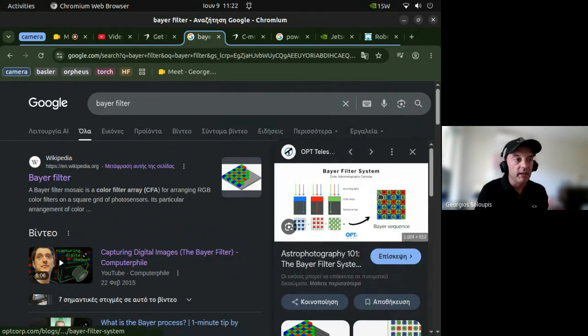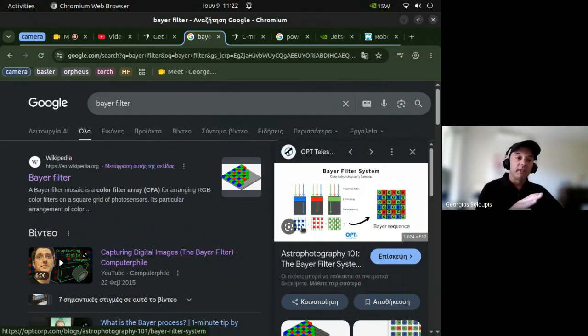So basically, the Bayer filter consists of different colors, and based on the color, it lets a specific color come inside and hit the pixels of the sensor. After this, we get the demosaicing, and then after some mathematical operations like interpolation and so on, depending on the manufacturer, you get the perception of the color.